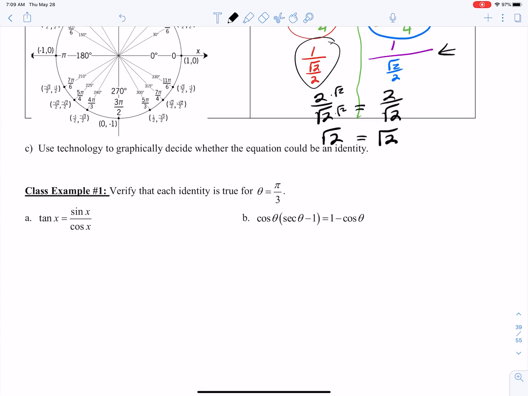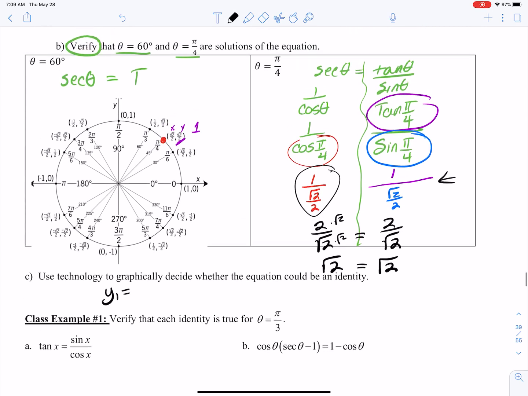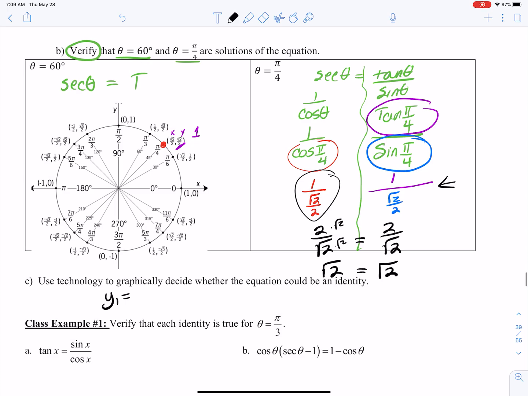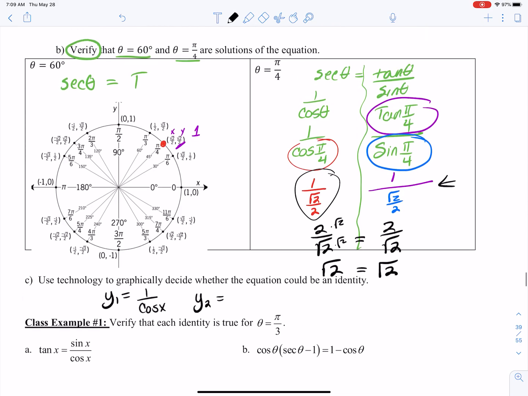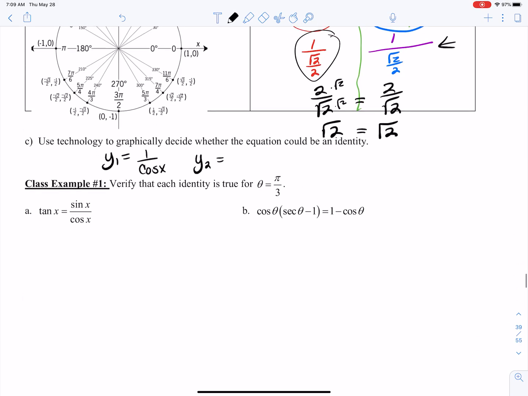All right, use technology to graphically decide whether the equation would be an identity. Basically what we do is in y1, we put the left side. Since I can't put secant into my calculator, I'm going to put secant in as 1 over cos x. And in y2, I'm going to put tan over sine.